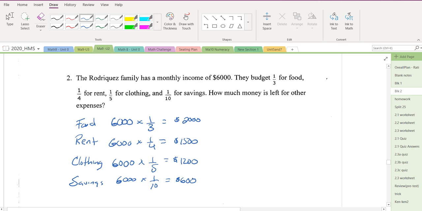Right? So David, we did the calculation you asked. Does this tell us how much money is left over? You would have to add all of the values together and then 6,000 minus that. So this tells us how much money we spent. So altogether, how much money did we spend? So we got to add all of these together. All right. What would that be? So we take out our calculator.